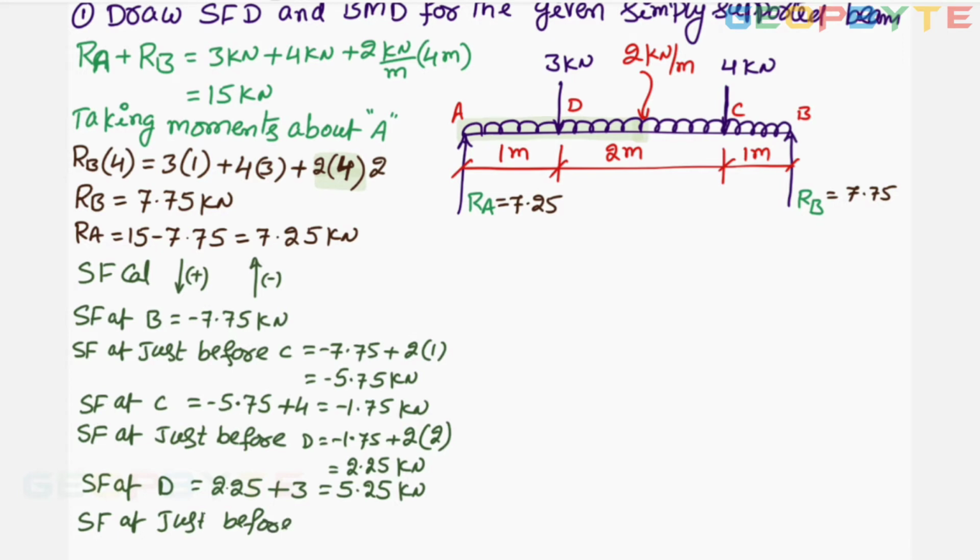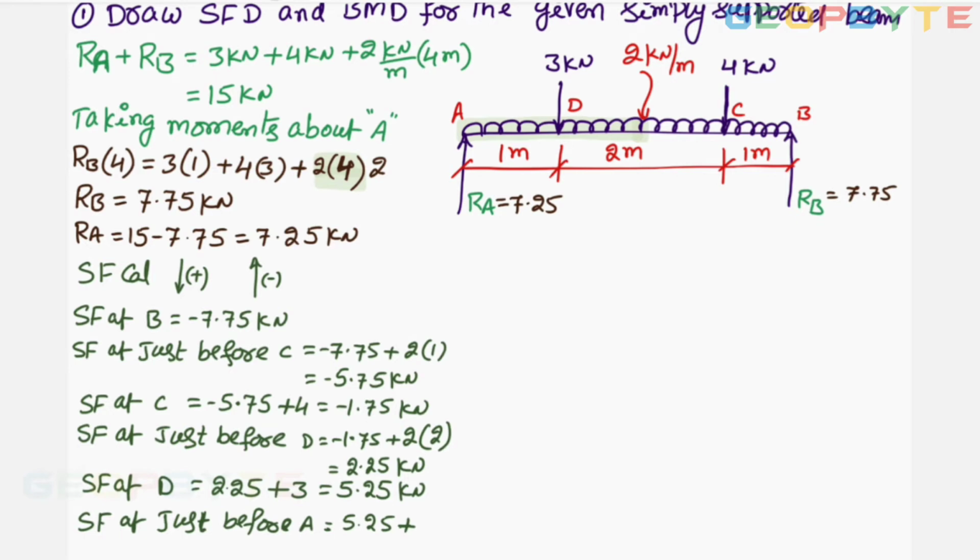Now SF at, look at A, just before A. Why we need to consider at A: one UDL effect is there and one point load effect is there. SF at just before A equals already 5.25 is there, plus the point load between D and A. In between D and A, UDL is there.